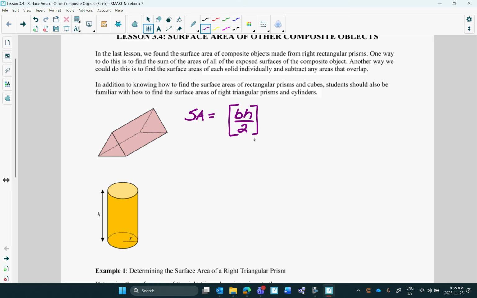Same size and shape. So I'm going to multiply by 2. Right. And then plus the 3 rectangular faces.